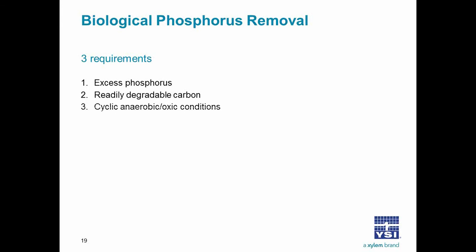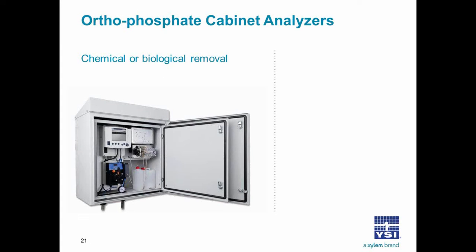So moving past the treatment removal options, let's look at some of the monitoring solutions. To date, phosphate is measured only through traditional wet chemistry methods, such that orthophosphate cabinet analyzers are the state-of-the-art today, whether you're using chemical or biological removal.